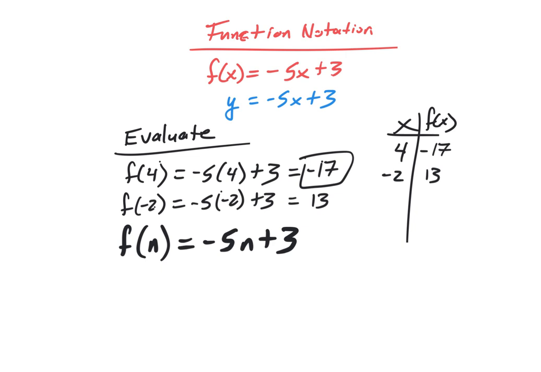What else can I do? Can I combine those two together? Make it negative 2n? Nope, they're not alike, right? We can't combine like terms. So that is as far as we can go. If I plug in a variable, my answer is going to be an expression of some kind. It's not going to be a number like we got here and here. So you'll see that a little bit today.